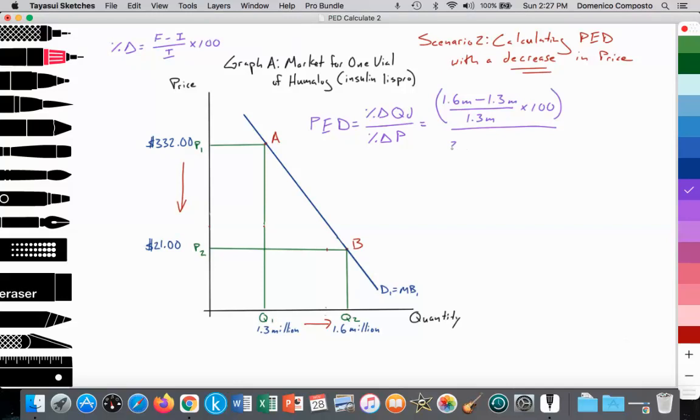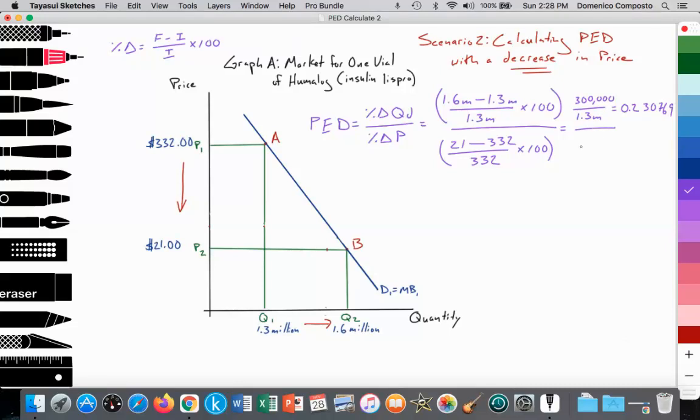So that would be final minus initial divided by the initial price times 100 in brackets. And that would work out to, in this case, 300,000 divided by the 1.3 million. And that would work out to 0.230769, if I can squeeze that in. And we'll come back to that in just a moment.